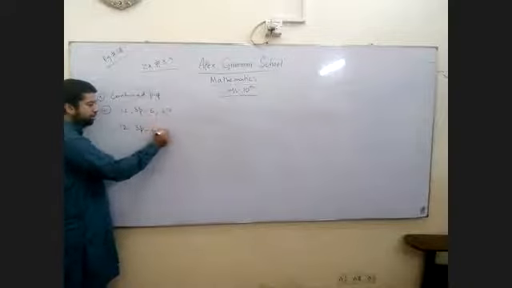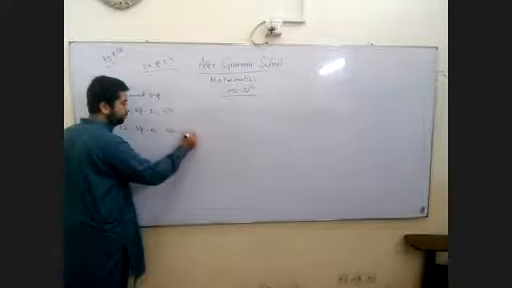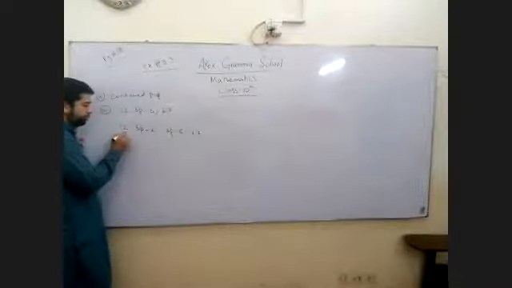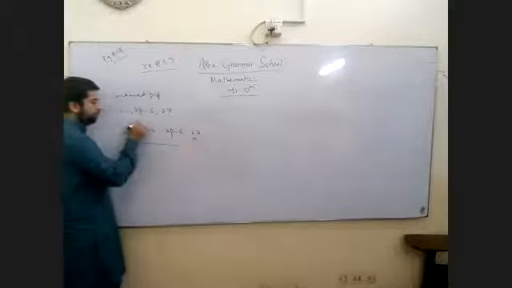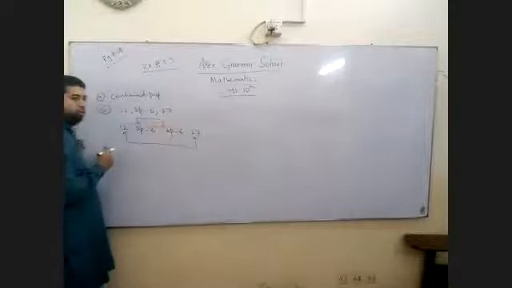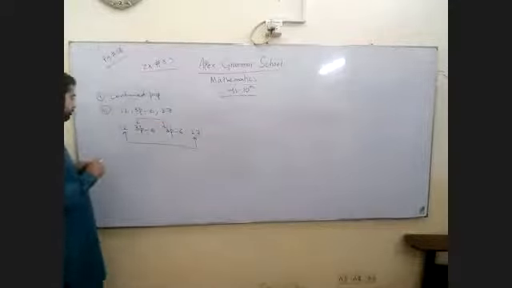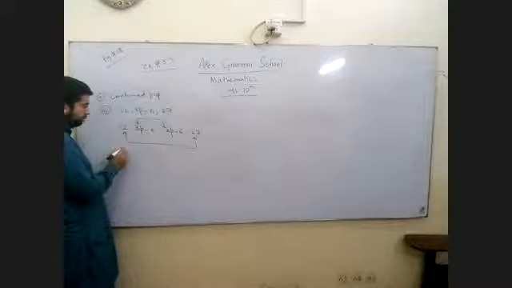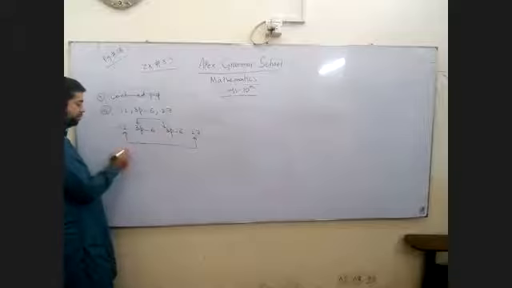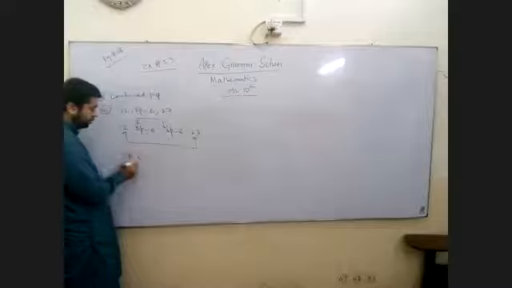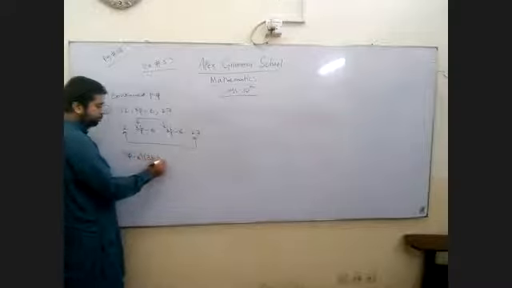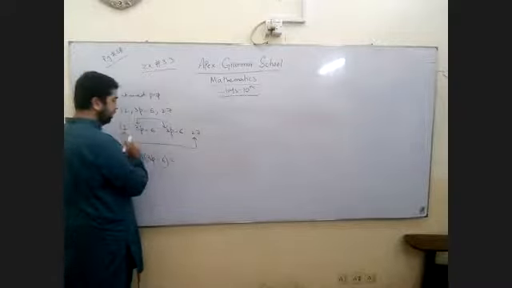Again, repeat it. Now, product of extremes is equal to product of means. This 3p minus 6 and this 3p minus 6 makes 3p minus 6 whole square, or you must write it as 12 multiplied by 27.